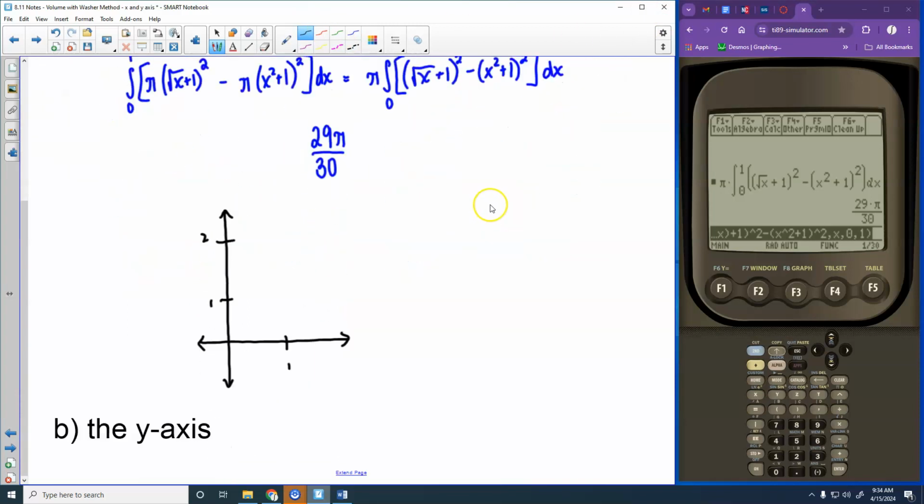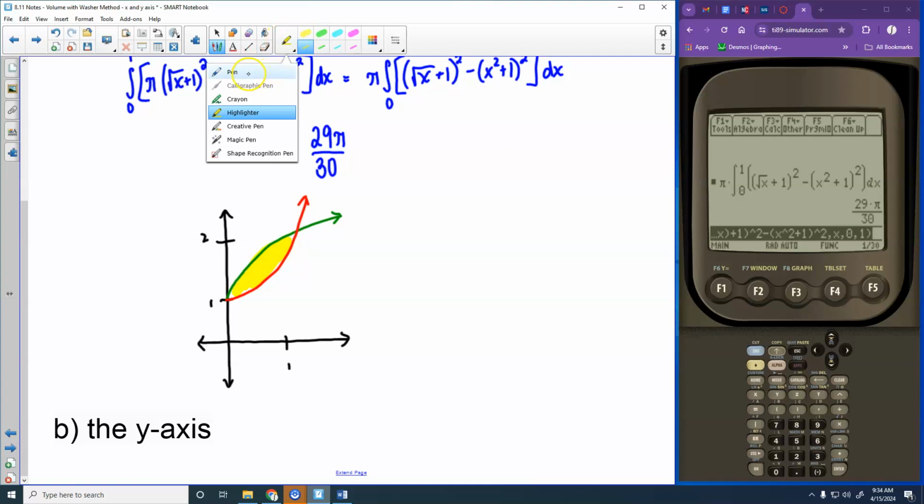Green for the top one. And so we've got the green graph on the top, the red graph on the bottom. Here is our area, but this time we are rotating around the y-axis here.